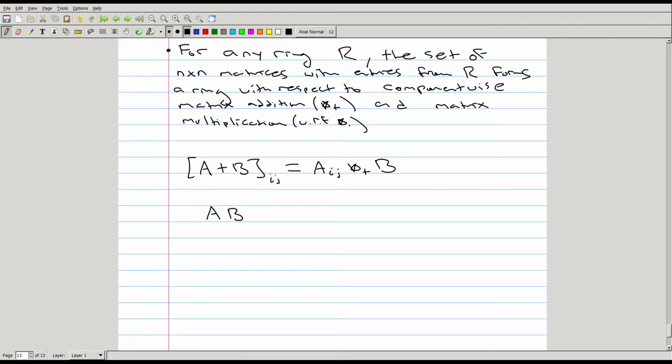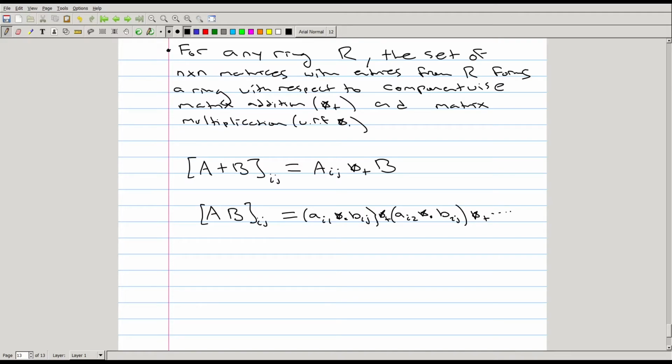and A times B is going to be Ai1 star dot B1j plus Ai2 star dot B2j. Oh, and this should be star plus as we're dealing with the general ring operation.